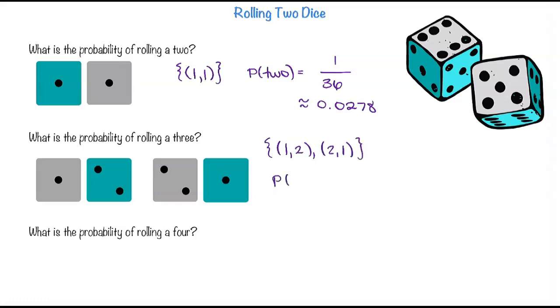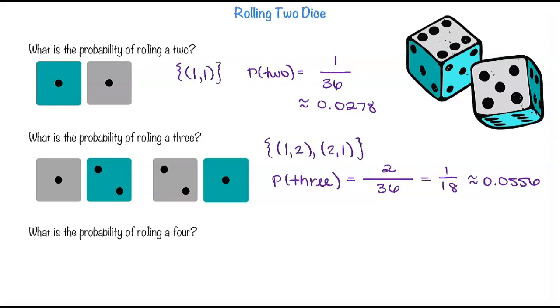The probability of rolling a 3 is equal to the number of ways that we can roll a 3, which we know is 2, divided by the total number of possibilities, 36. So the probability of rolling a 3 is 1 out of 18, or approximately 0.0556.